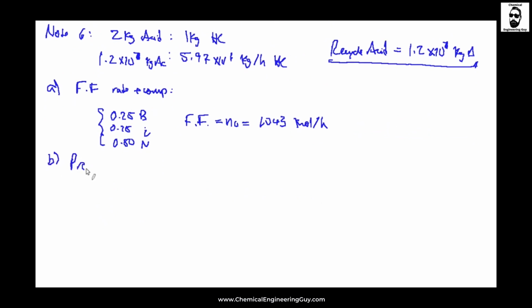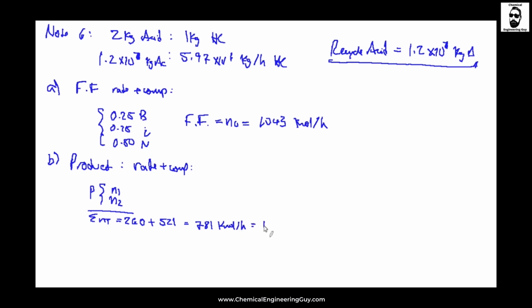The product line, you want rate and composition. The rate is essentially product is N1 and N2. So if you add this, you will have your rate. So N1 is 260 and N2 is 521. You got 781 kilomoles per hour.